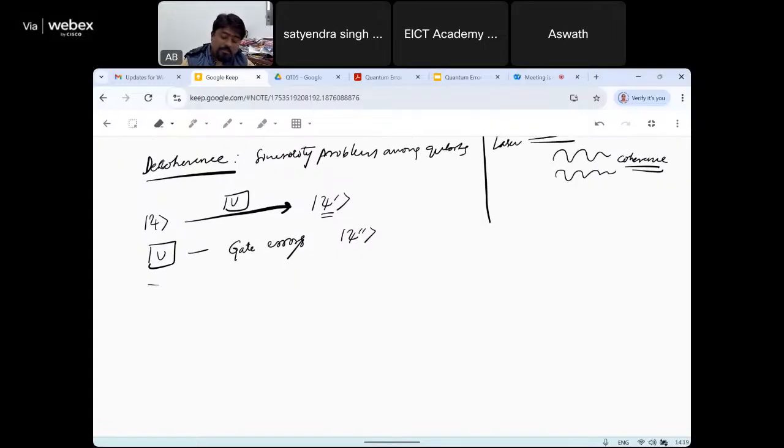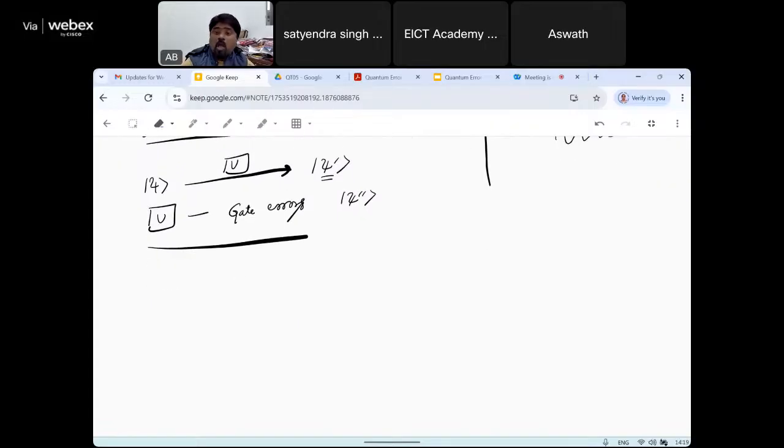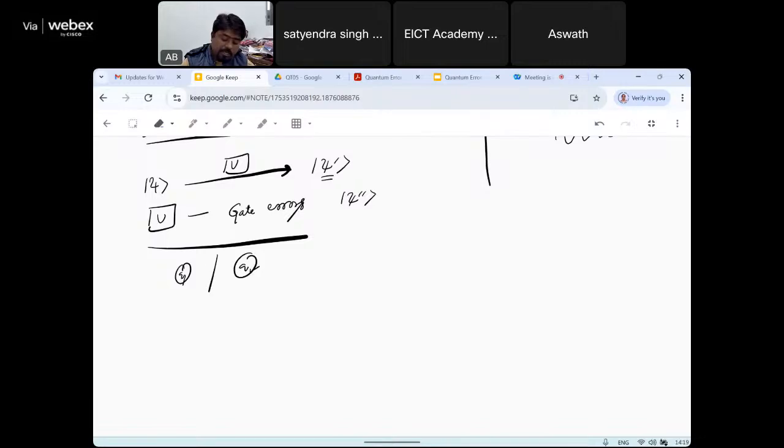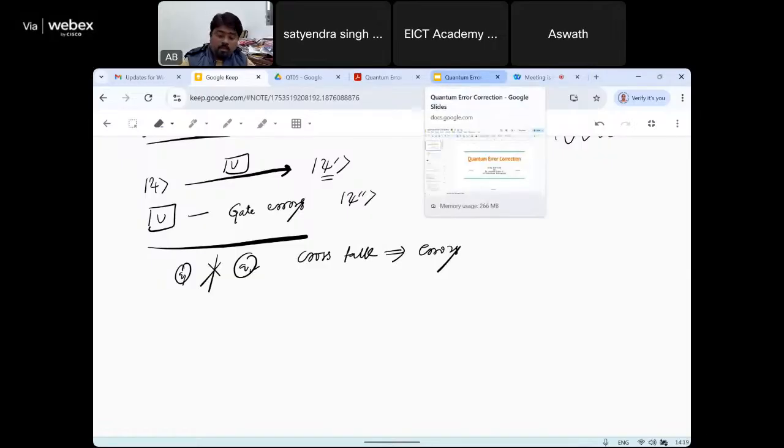Another error is something called crosstalk. Qubit 1 and qubit 2 are supposed to not interact, but they interact, or they may come into the vicinity and interact. The crosstalk would lead to errors.